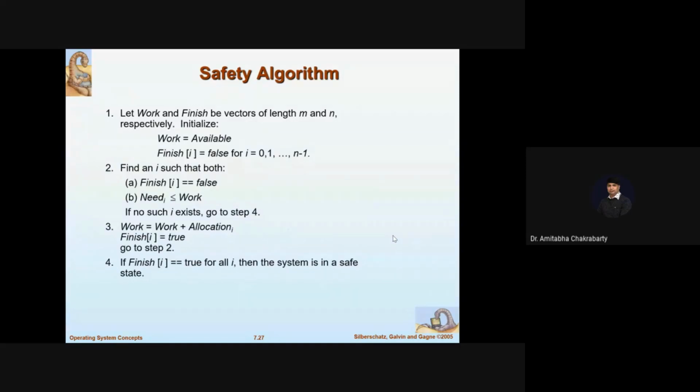Otherwise, work is equal to work plus allocation i, which means whatever the value you have in the work matrix, once process Pi finishes its execution, it releases its resources, so the work gets increased, work plus allocation, and finish[i] becomes true.